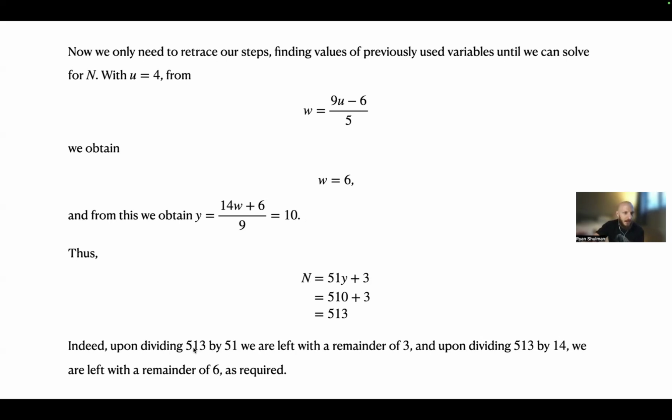This first one's pretty easy to see: 513 divided by 51 does leave a remainder of 3. And also, 513 divided by 14 leaves a remainder of 6, as required. So the kuttaka has found our initial quantity, which we were able to find pretty easily just by guessing a couple of values.